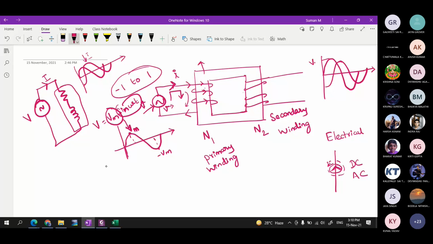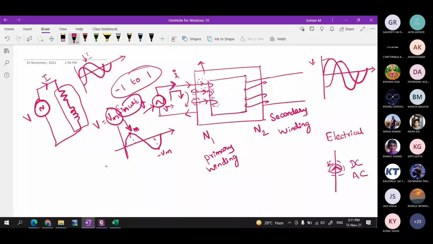As we had discussed, if there is some current, there will be some flux around it, right? Similarly, in the entire winding, current is flowing, so you can have a flux around all the windings. All the points will have certain flux.